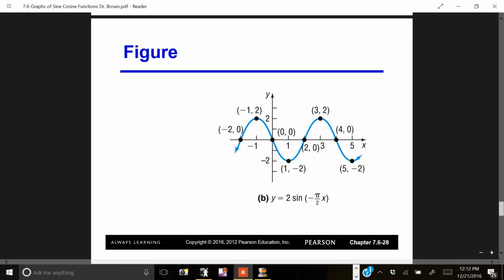let's go ahead and do this, and we'll do this on the calculator. The amplitude, again, is 2. The period, T, is 2 pi divided by minus pi over 2.